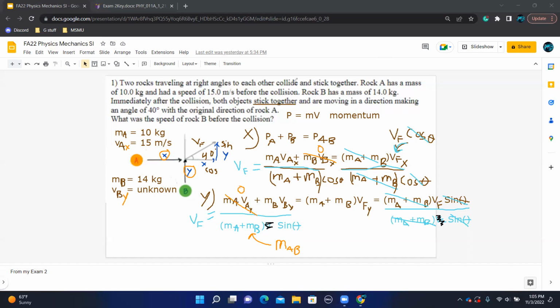So from there, we can go V final is equal to V final. So then we're going to set both of them equal to each other. I'm probably just going to write it out.